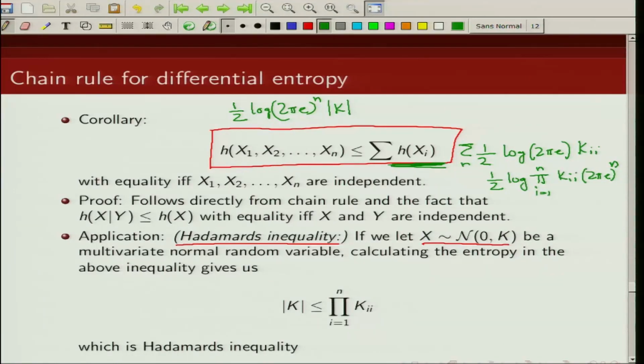So if you compare these two forms, you have half log of (2 pi e)^n in both, and since this is less than or equal to this, we get the condition that the determinant of K is less than or equal to this particular term.